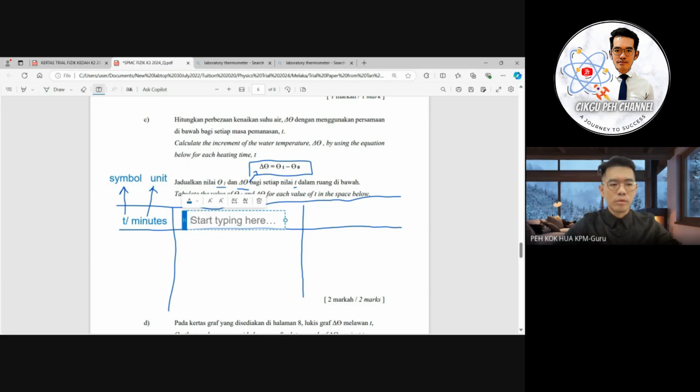And here you have to give data 1, then the unit, /degree Celsius. Then here the change of data, also in degree Celsius.